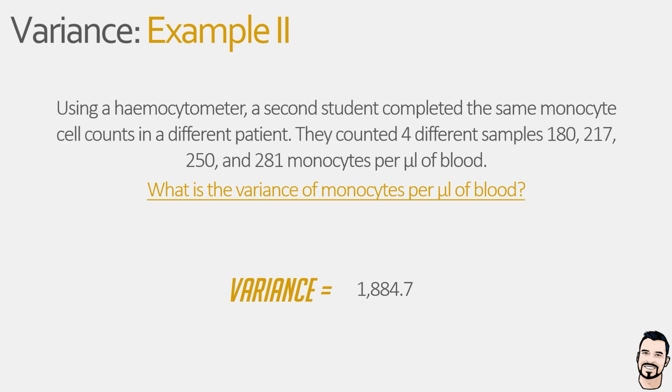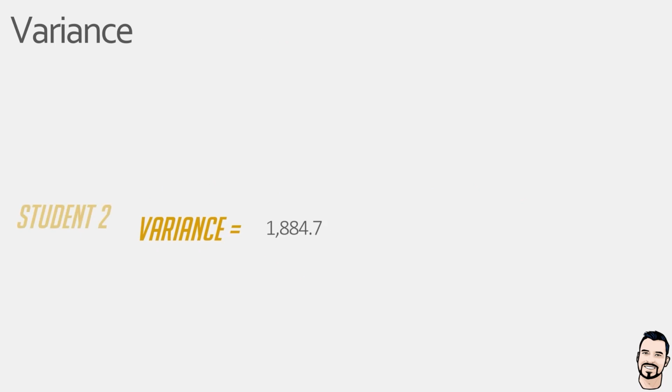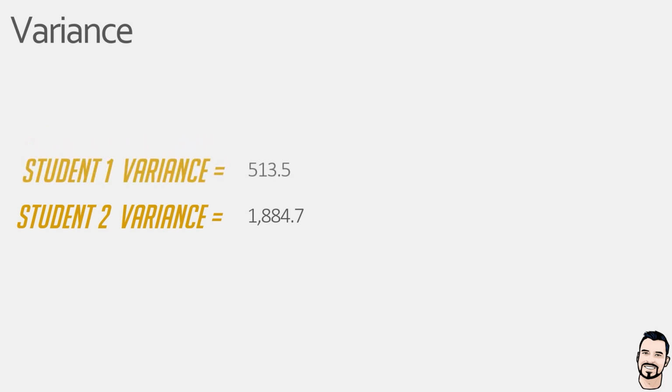Now, if we compare the variance of the data generated by student 2 in our second example to that by student 1 in our first example, we can see they differ from one another, with the variance value of student 2's data more than triple that of student 1, despite having the same calculated mean value.